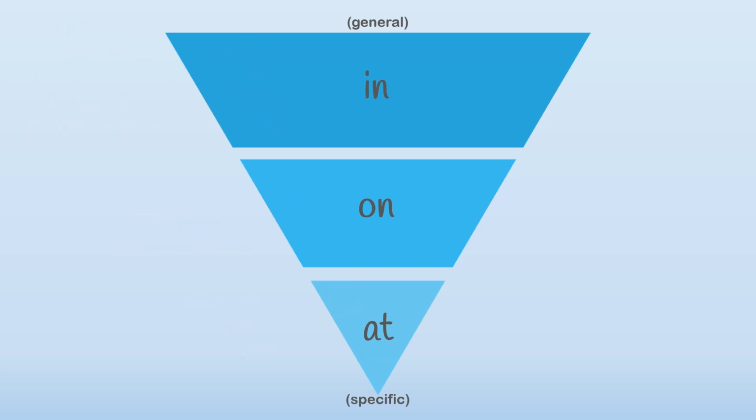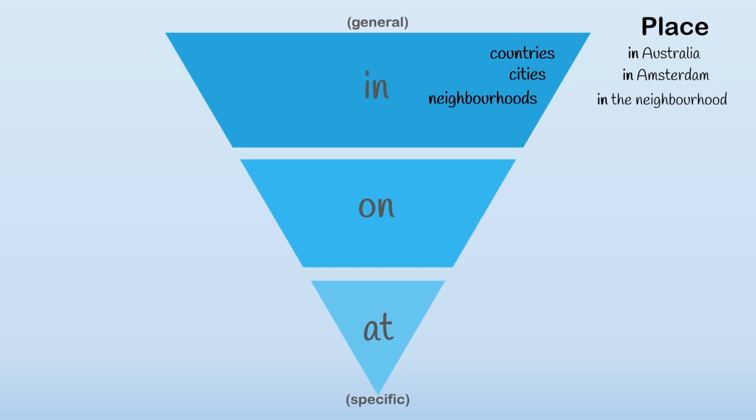Now let's look at how this concept works when using in, on, and at as prepositions of place. Again, we'll start at the top of the pyramid with the general. We use in for countries, cities, and neighborhoods or enclosed spaces.